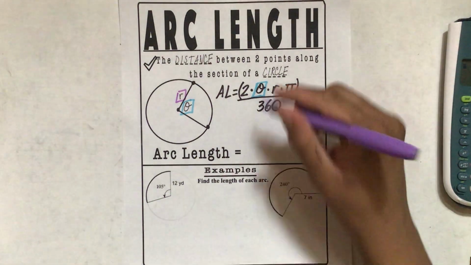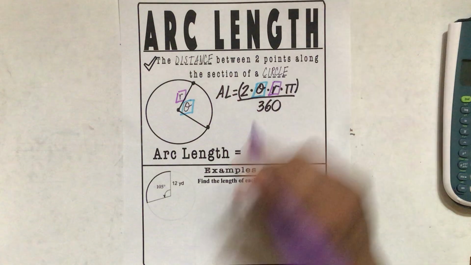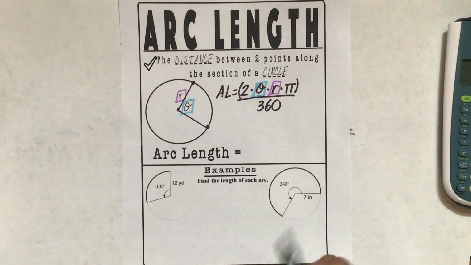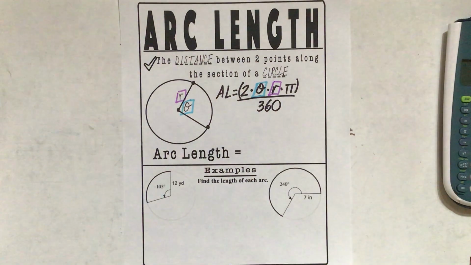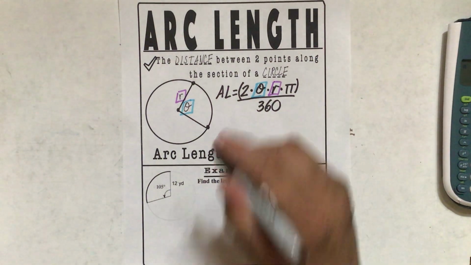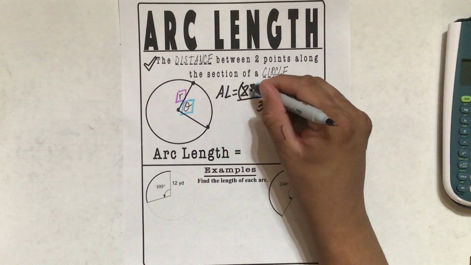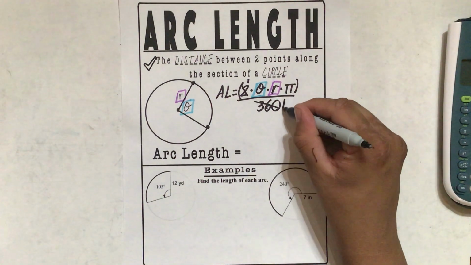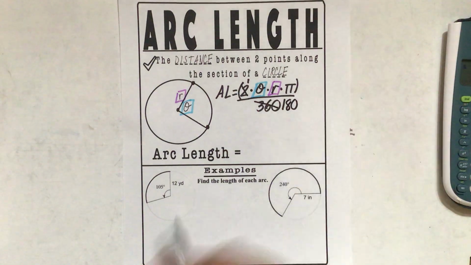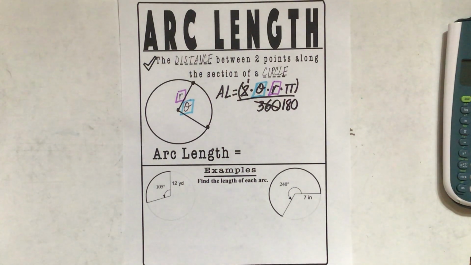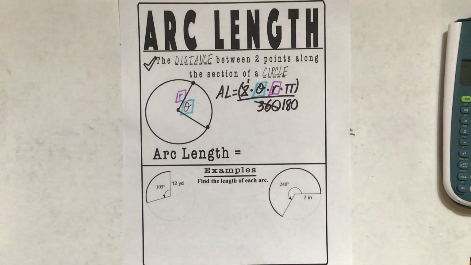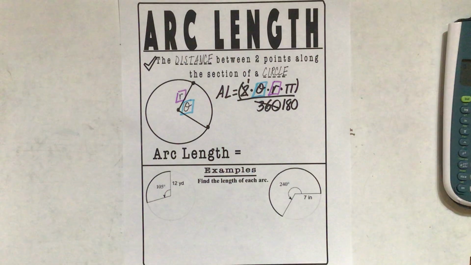So our theta and our radius. Let's make life simpler for us. I notice there's a 2 and there's a 360, so I can divide both of those by 2. 2 divided by 2 is 1, and 360 divided by 2 is 180. So it looks like a simpler formula now. The 1 I can just leave off, because 1 times anything is that thing, so 1 can be invisible.